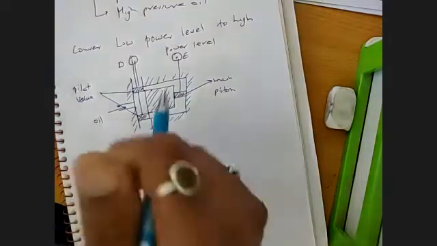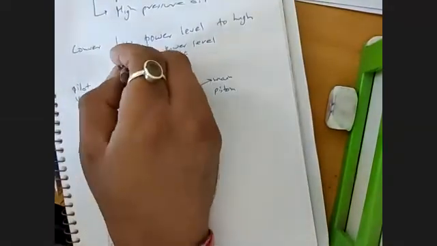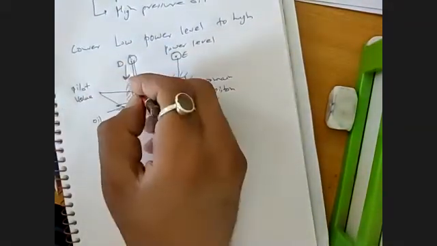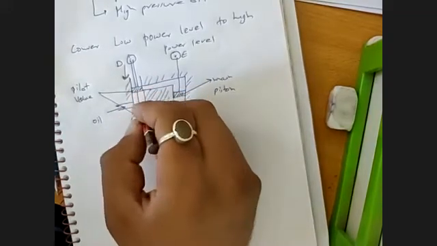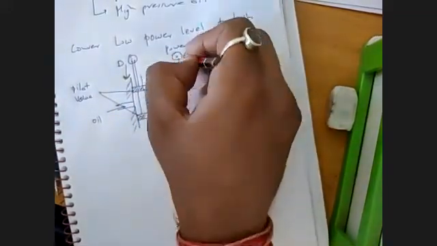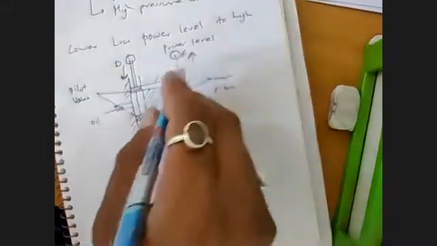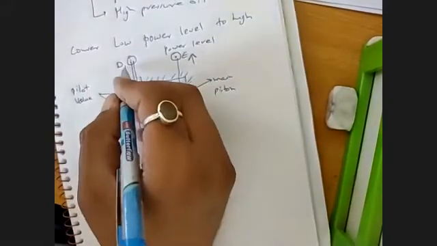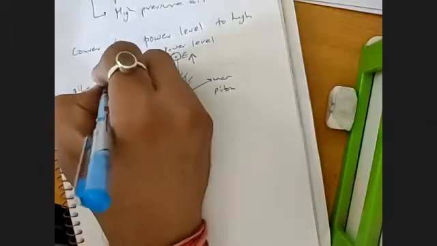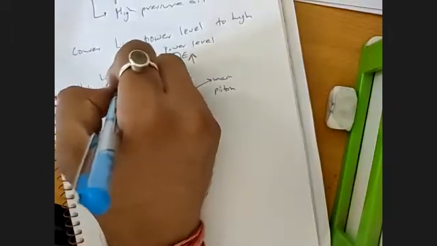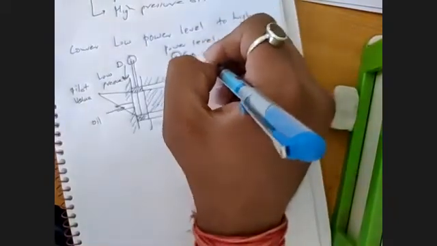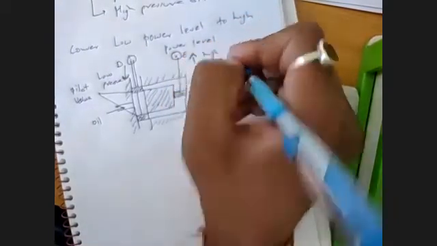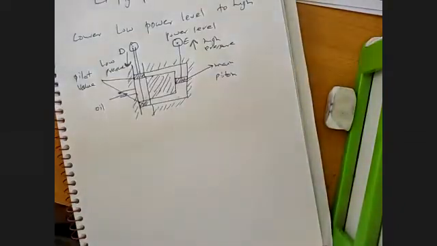Its functioning is when this D point will move downwards, these points will move downwards and oil will flow from the downward side and E will move upward. And this E movement will be at a high pressure, and this D movement is at a low pressure. So this is your hydraulic amplifier.